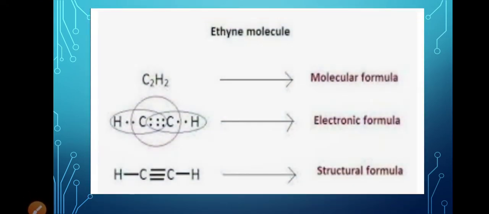Students, here are the molecular formula, electronic formula and structural formula of ethyne, the first member of the alkyne series.